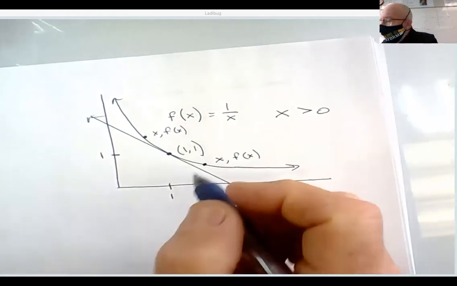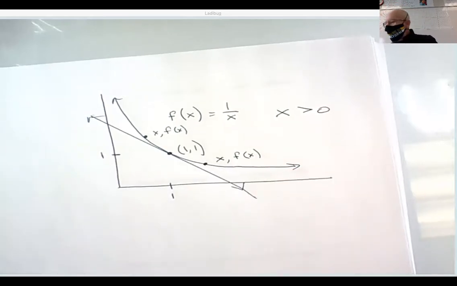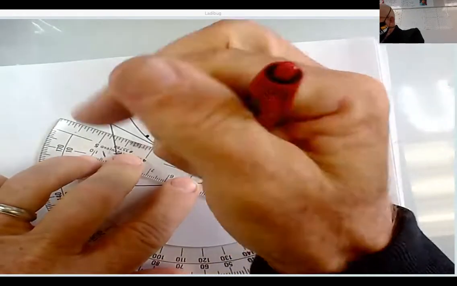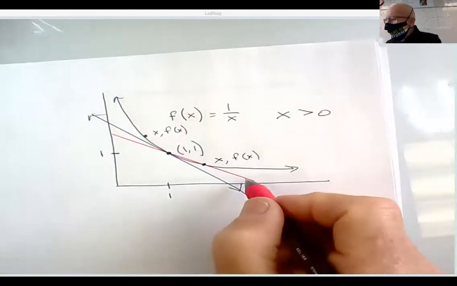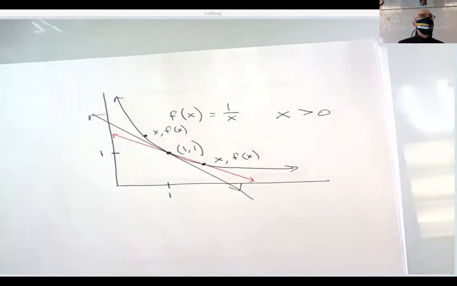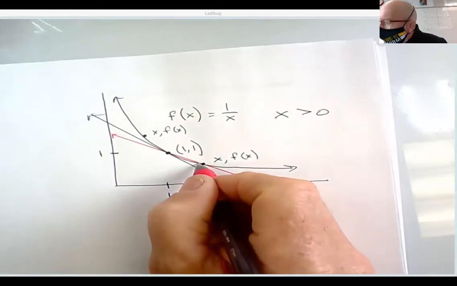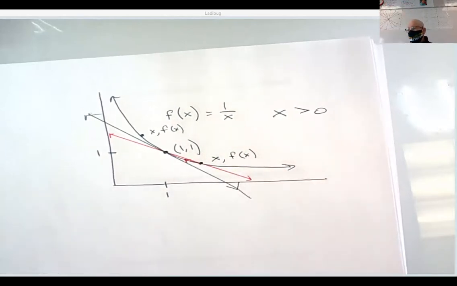And what I'm going to do is, if I look at this, this is a secant line because it passes through 2 points. And I'm going to slide that point in this direction and move it towards 1, towards the other point, 1, 1.